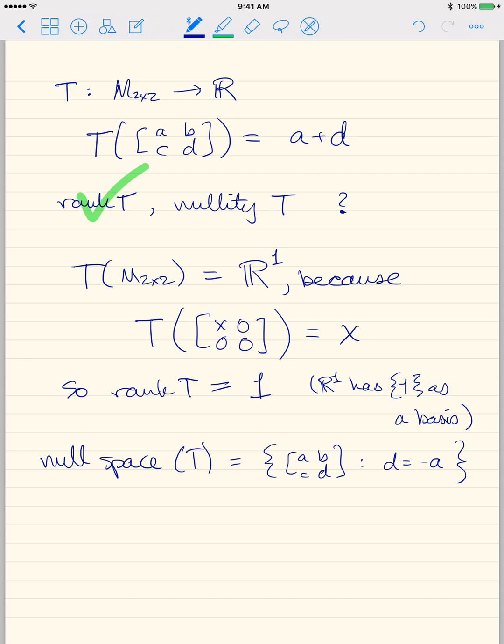Those are going to get mapped to 0 because when you go to add the diagonal entries, you get 0. Does that make sense? And then what's a basis of this? Let's come up with a basis for this space, because then we can just count how many vectors are in it. That'll tell us the nullity.